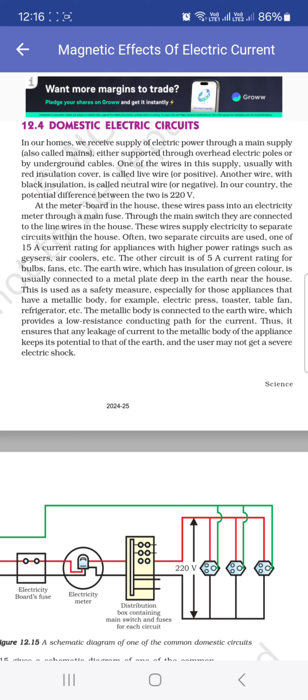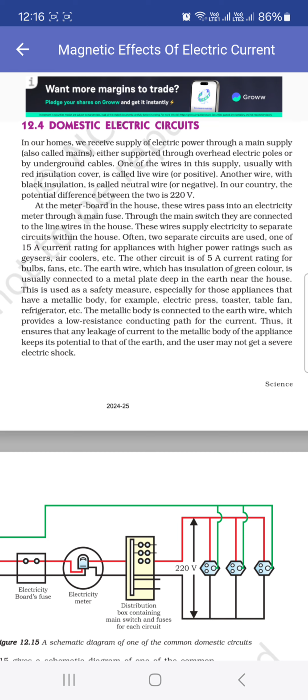The earth wire, which has insulation of green color, is usually connected to a metal plate deep in the earth near the house. This is used as a safety measure.